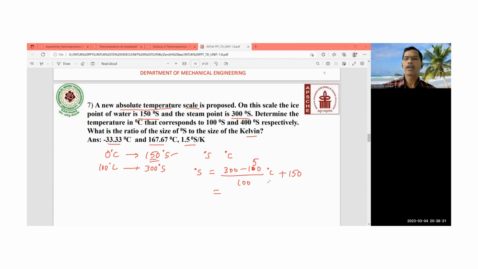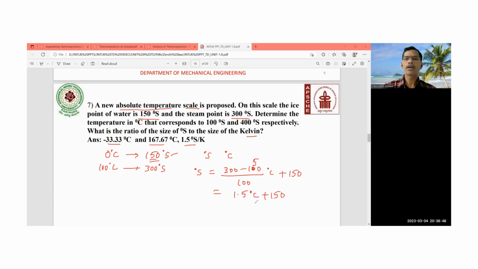So you will get the degree S reading as 1.5 times degree centigrade plus 150. So this is the relation.